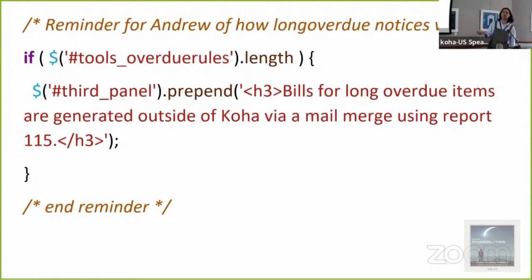Side note. This is just copied straight out of my IntranetUserJS system preference where I have labeled everything with what it does. This is where that code ends. There are things in there that are not labeled. Every once in a while, I have a bad day and I'm lazy, and then sometime later I have to go back and clean it up, but labeling is strongly encouraged. Labeling is good.